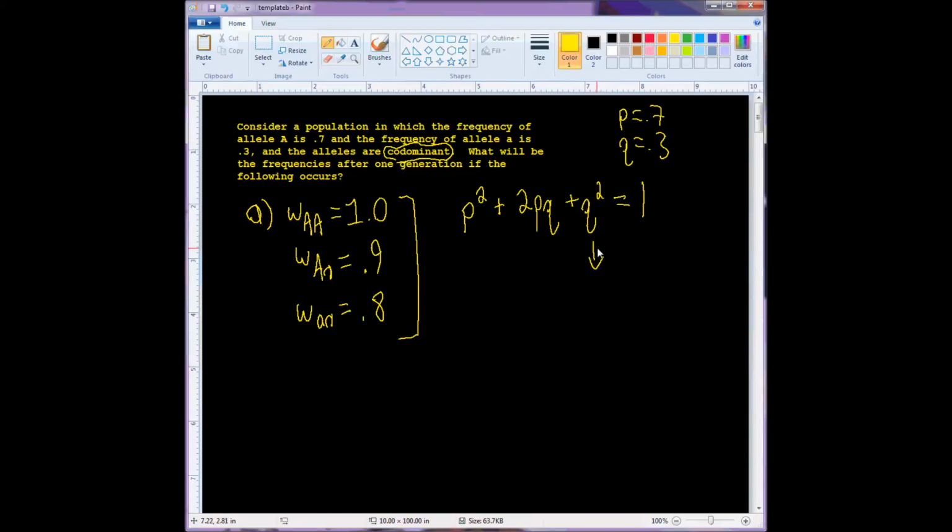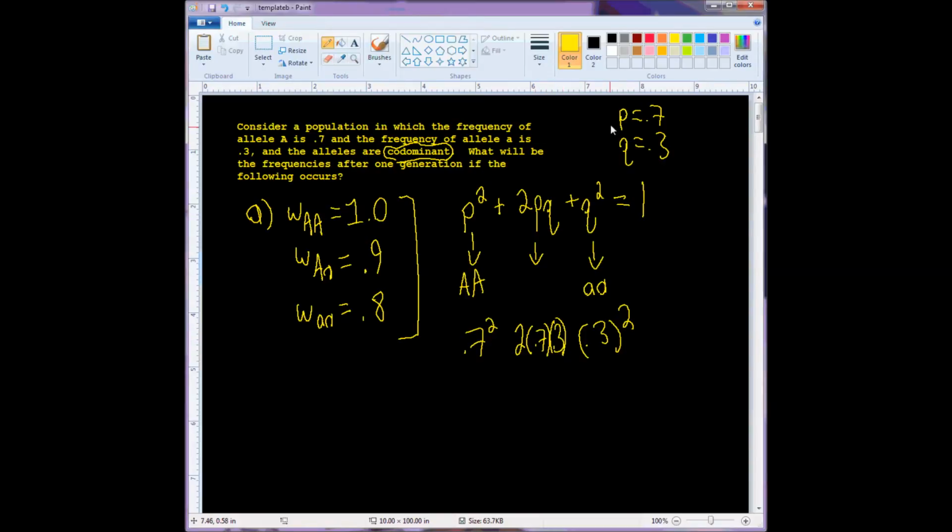So let's estimate the genotype frequencies here. This is going to be the genotype frequency of the homozygous little a genotype, this is the homozygous big A genotype, and these are the heterozygotes. So q squared is going to be 0.3 squared, p squared is going to be 0.7 squared, and this one right here is going to be 2 times 0.7 times 0.3, right?